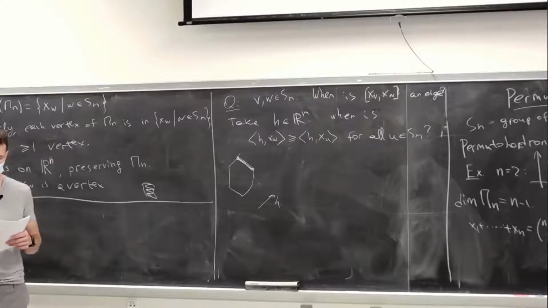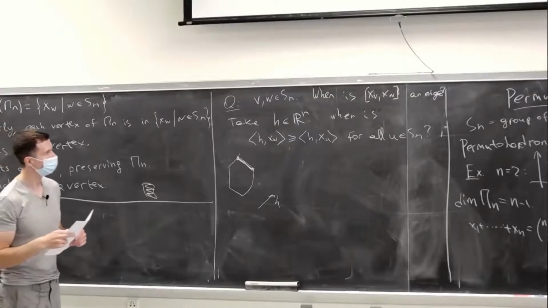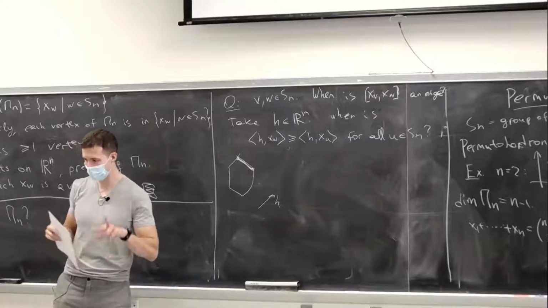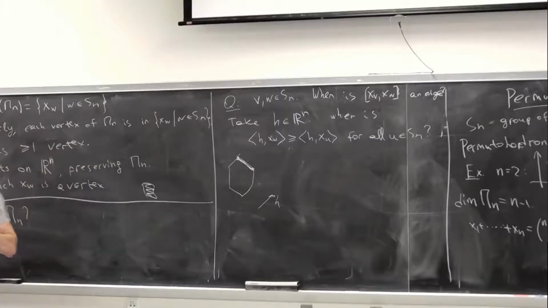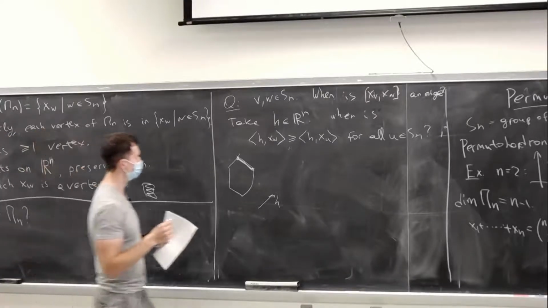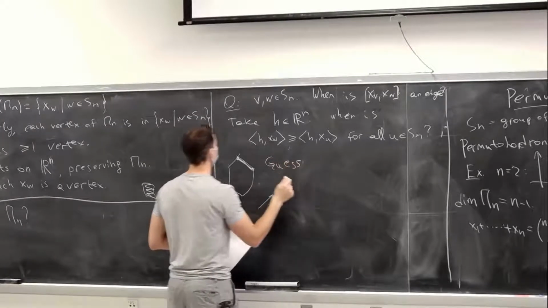Okay, that's interesting. So you're saying that v and w should differ by a transposition of two. Yeah, that's very interesting. So I guess there are two questions.